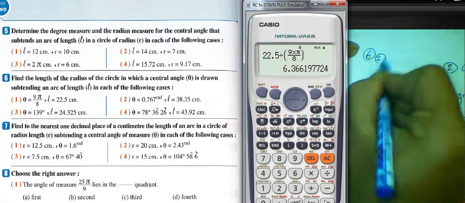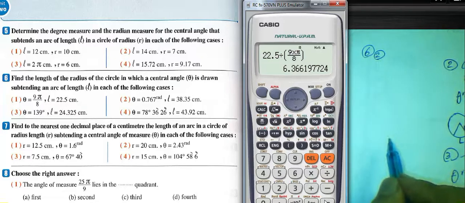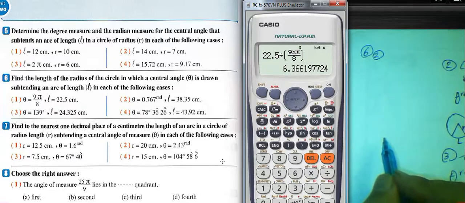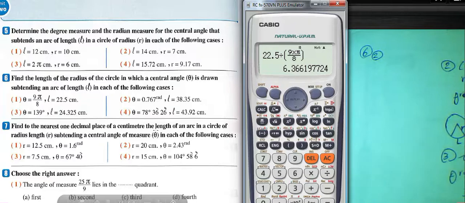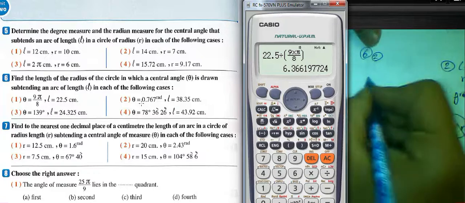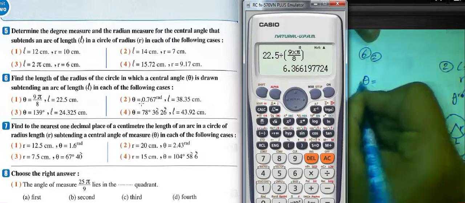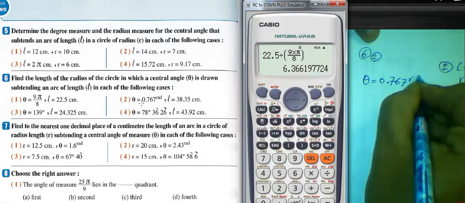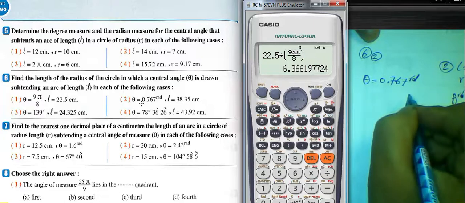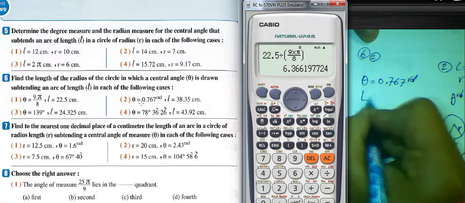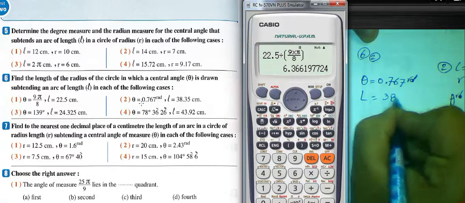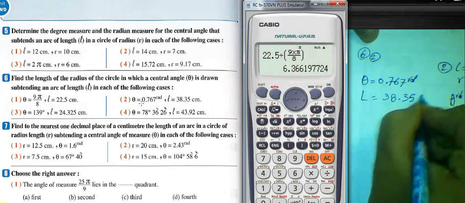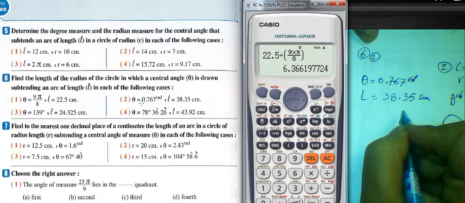Question number 2 in question number 6. Look here. Theta equals 0.767 radian, and L equals 38.35 centimeter. We want to find the radius.